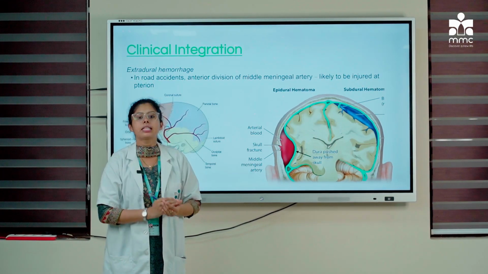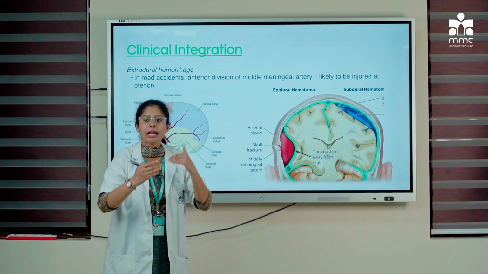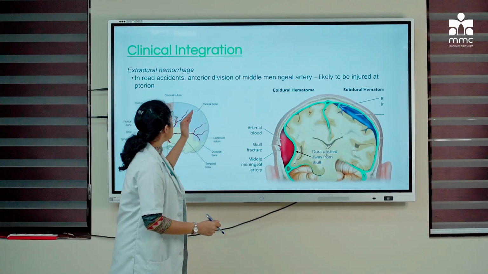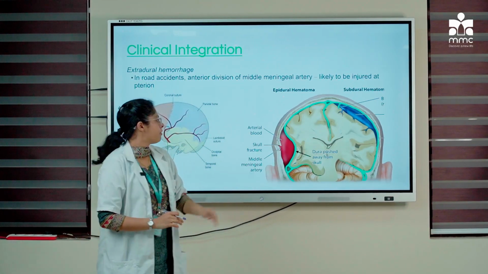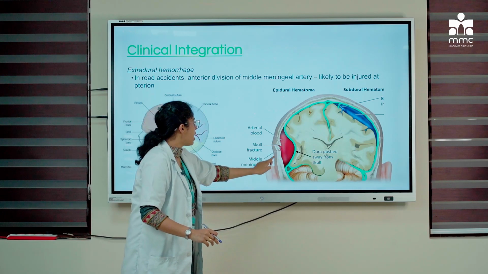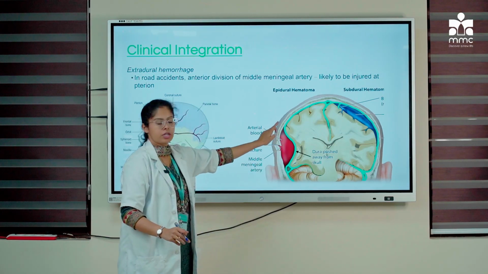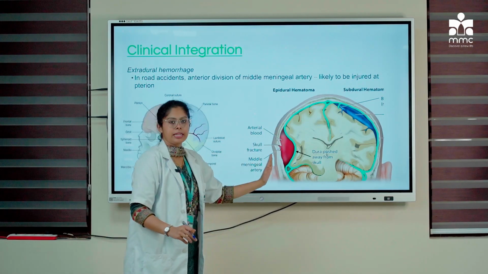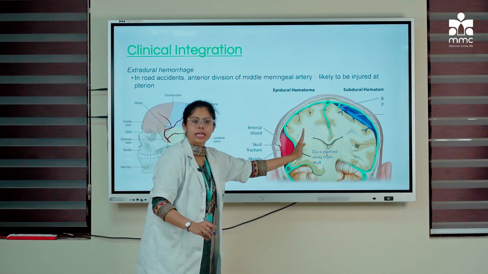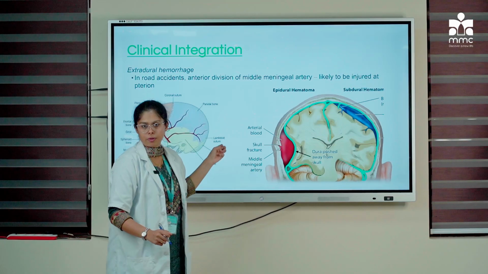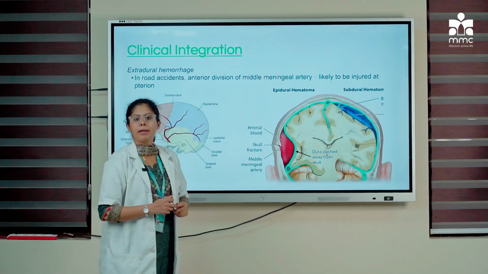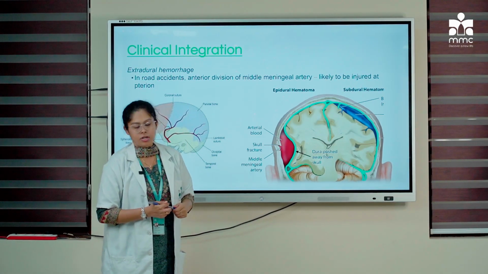If the pterion gets fractured, the artery lying below it, that is the anterior division of the middle meningeal artery, is likely to get ruptured, which leads to the formation of extradural hemorrhage. If it impinges on the brain, it can lead to lots of neurological deficit. So soon the blood has to be evacuated out. Okay, so the knowledge of the middle meningeal artery is very important.